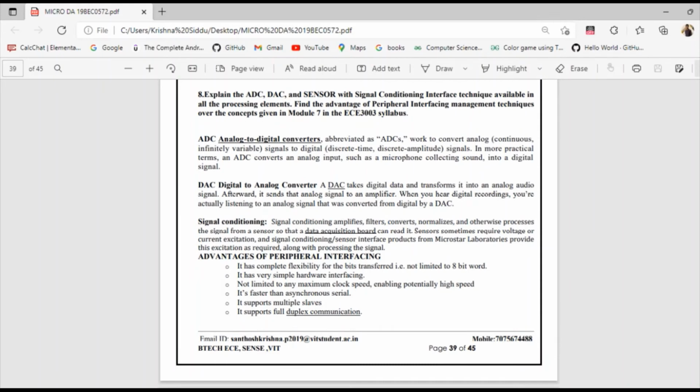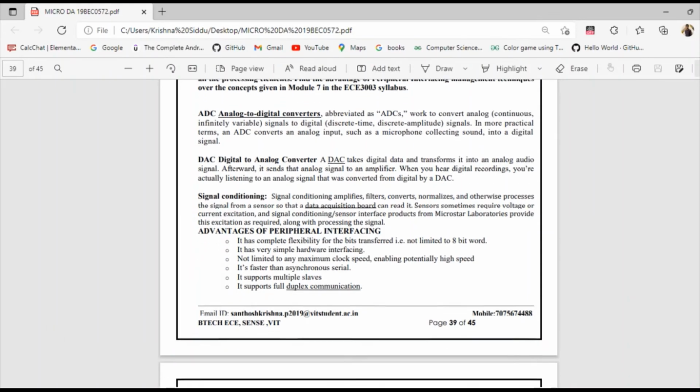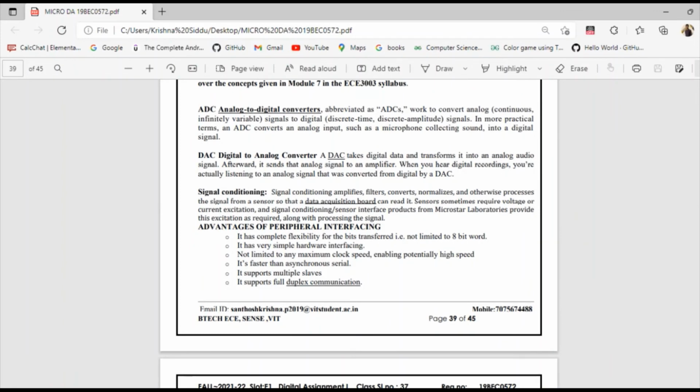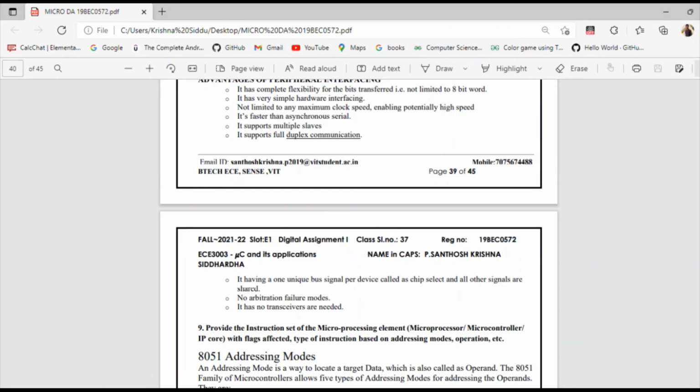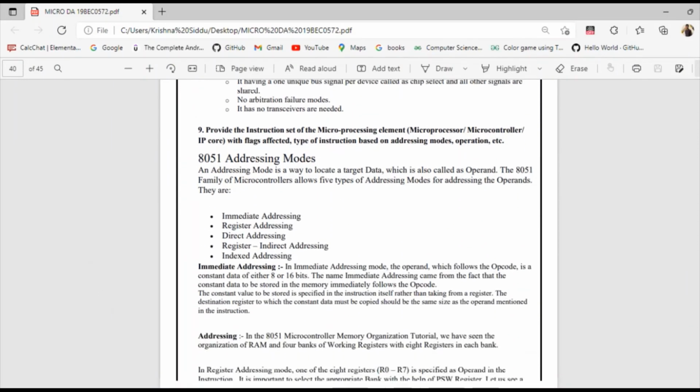As asked in the question, I have explained clearly that ADC means analog to digital converter. I wrote some brief definitions for the ADC, DAC and signal conditioning. I also wrote some advantages of peripheral interfacing: it supports multiple slaves, it is faster than asynchronous serial, it supports full duplex communication, and it needs no start and stop bits.